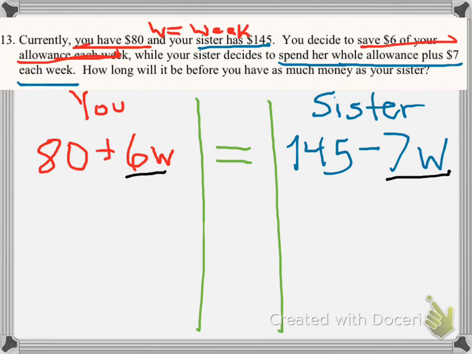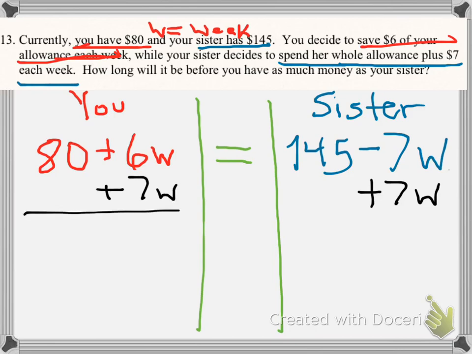Well, the you side has positive 6W, and the sister side has minus 7W. So minus 7 is actually less than a positive 6. So to move that over, we're just going to add 7W to each side.